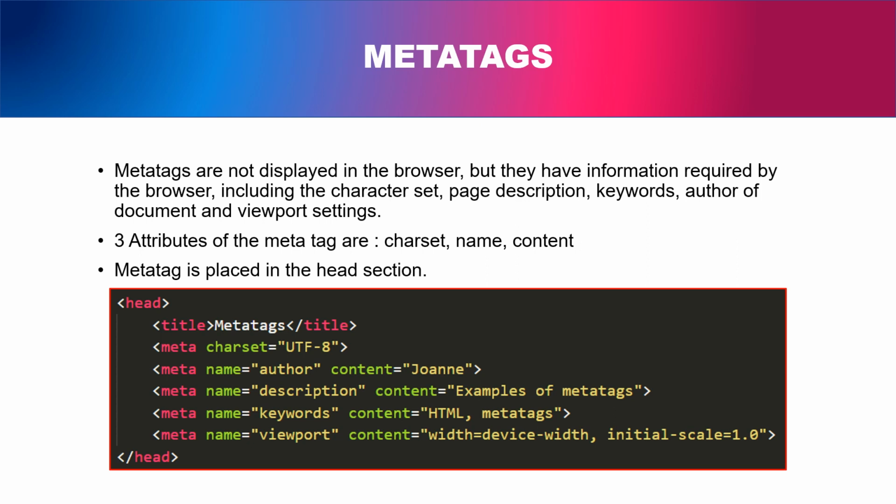The different one is if the name is the viewport. The content will be width equals device-width, comma, initial-scale equals 1.0. So this is one thing you need to remember. The rest you may be given in the question itself.